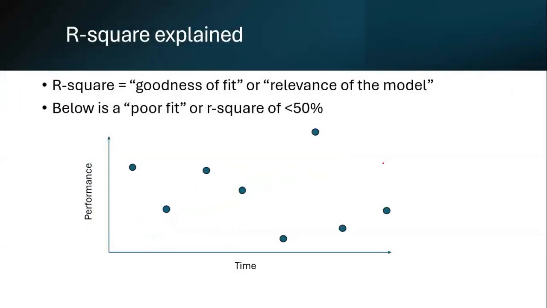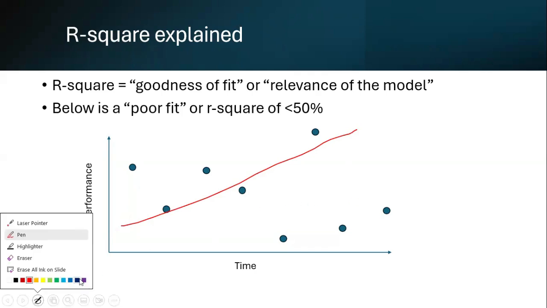Here's an example of a different student practicing the piano, but as we plot their performance over time, you get this random pattern. We certainly can't draw a line like this because that's not what these numbers are saying.